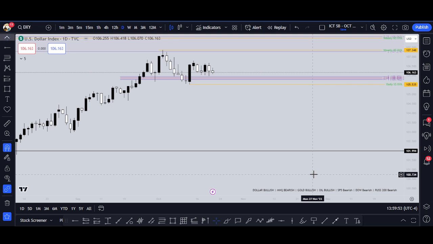But anyway, so just real quick, guys, that is my draws on liquidity overall. That's what I'm looking for it to be taken out. So we'll see how price plays out.